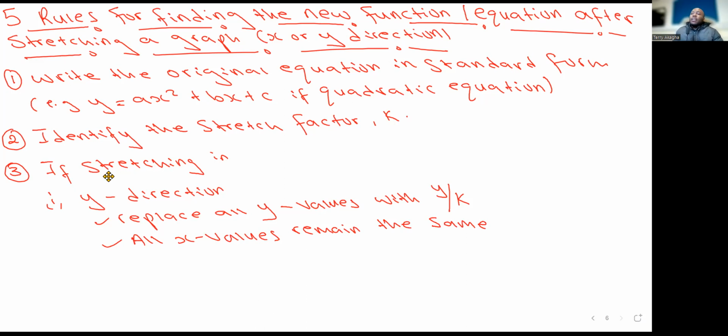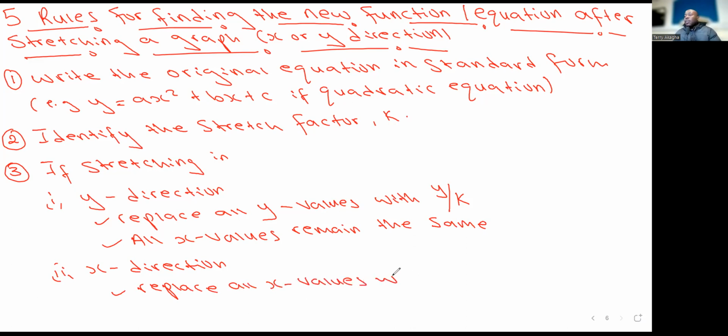But if it's in the X direction, basically what you do is the opposite. If it's in the X direction, you replace all X values with X over K, and the Y values are going to remain the same, because in the first one the X values remain the same.